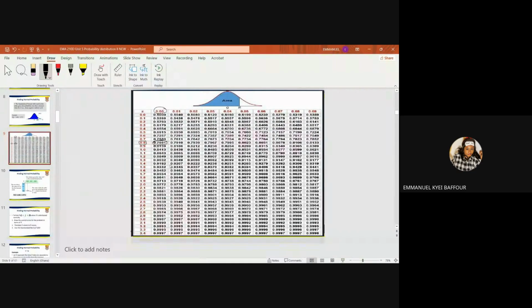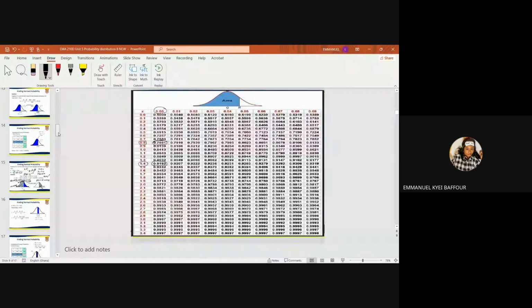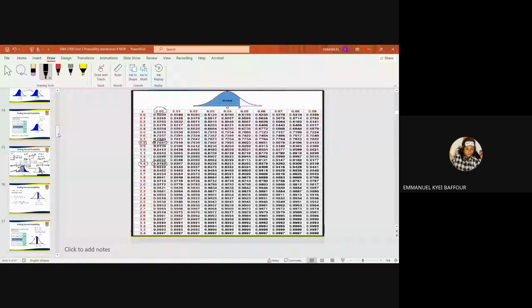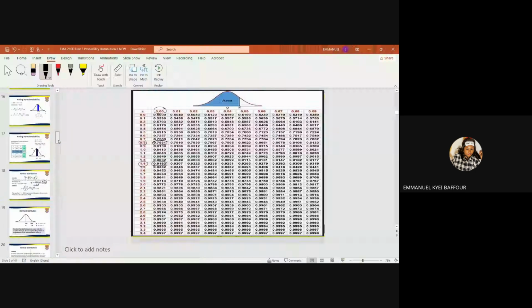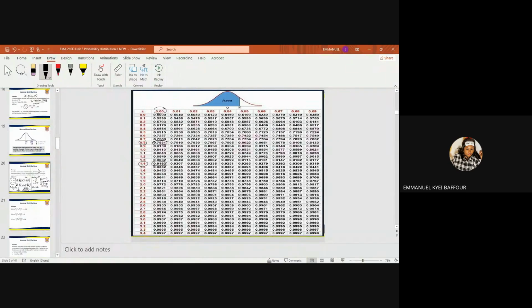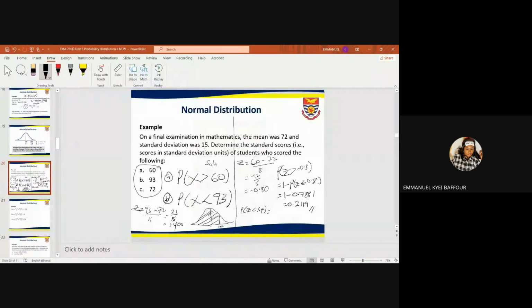So this is your 1.400, so that is here, right? 0.9192.